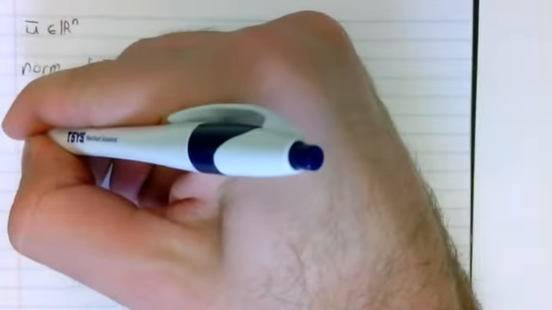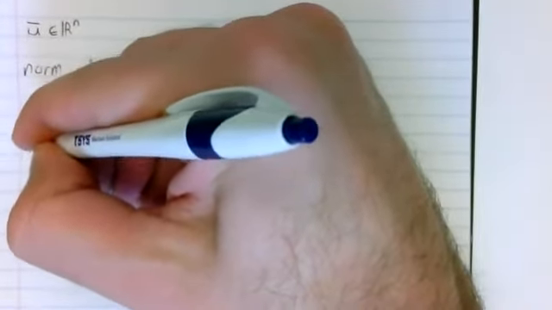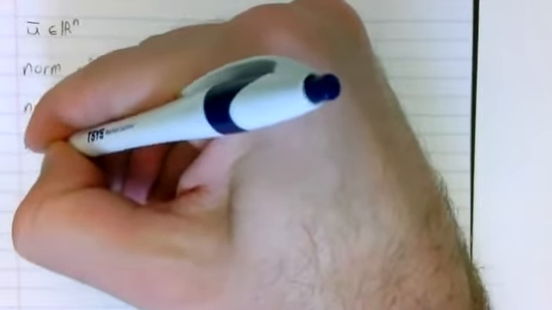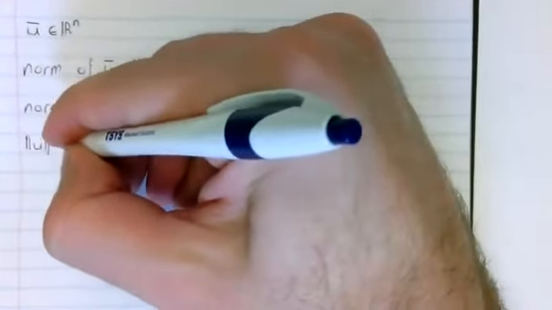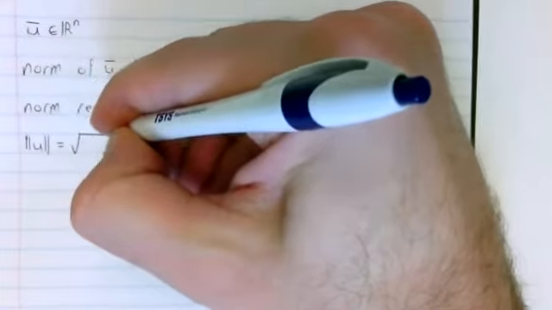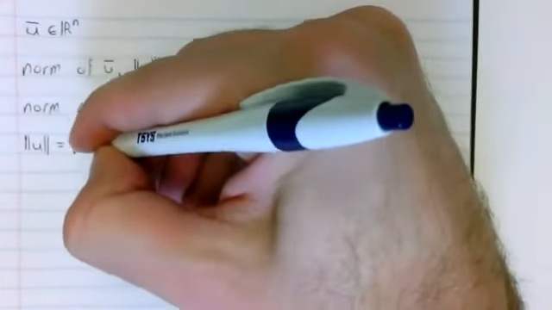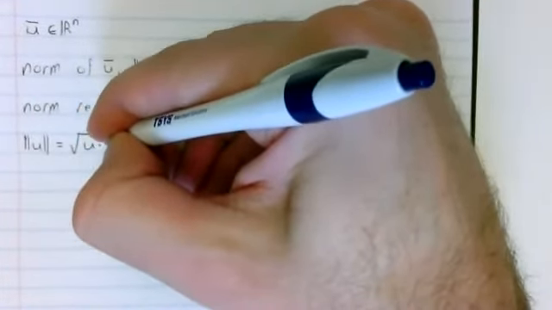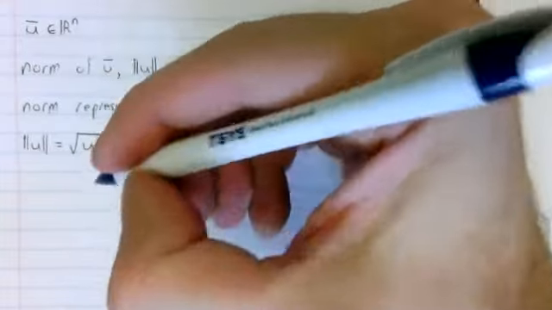And we'll now state the actual definition: the norm of a vector is the square root of the dot product of the vector with itself.